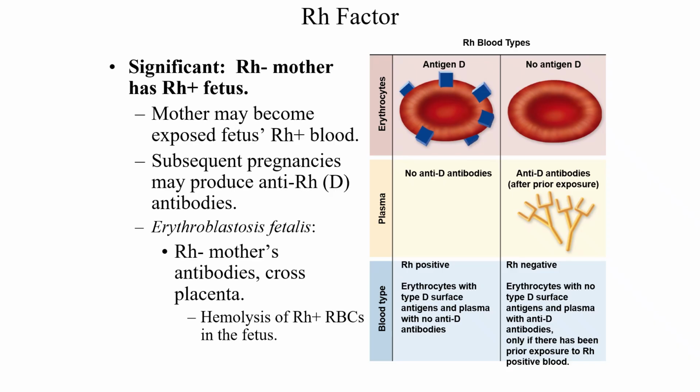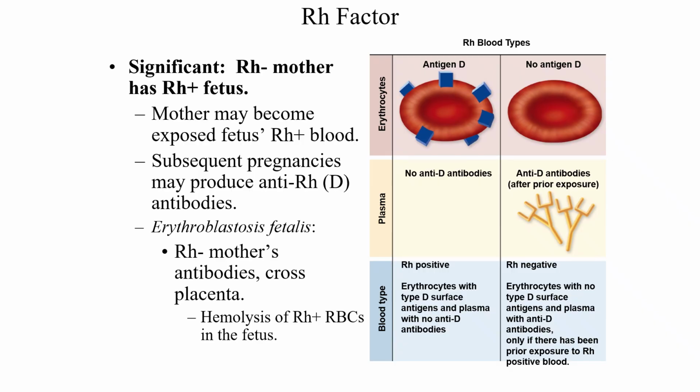Unlike the ABO blood groups, the Rh does not have preformed antibodies against this counter antigen, okay? So the Rh negative person who receives Rh positive blood will soon start making antibodies after the exposure, okay? Because to mix Rh negative with Rh positive, that is a mismatch. So the person that's Rh negative, their antibodies are going to attack the Rh positive cells.